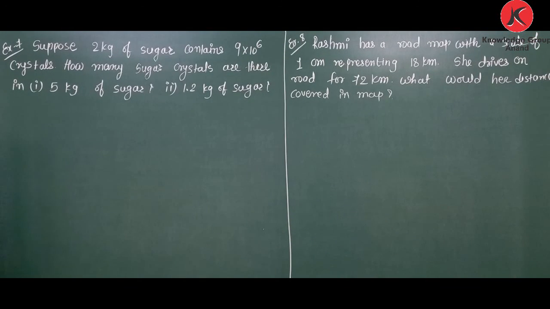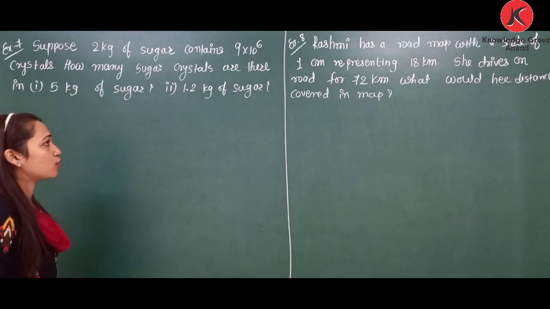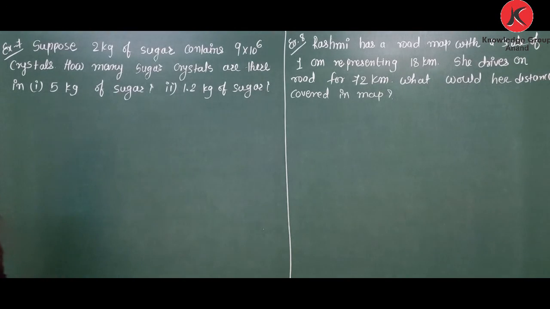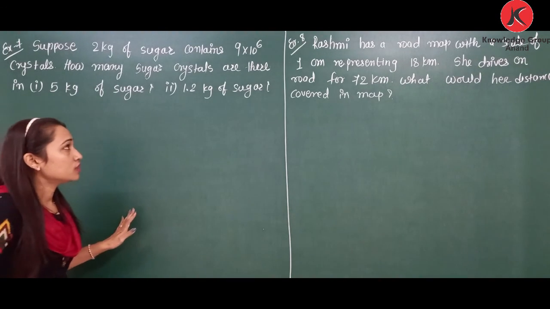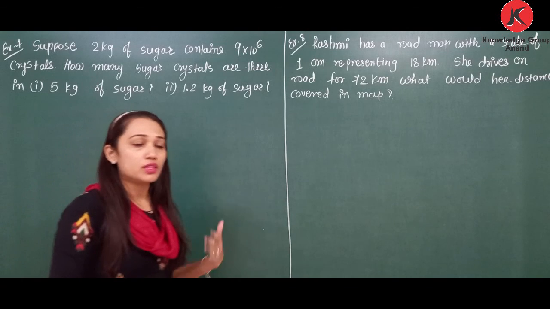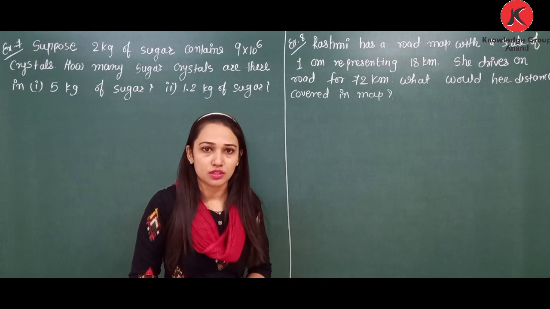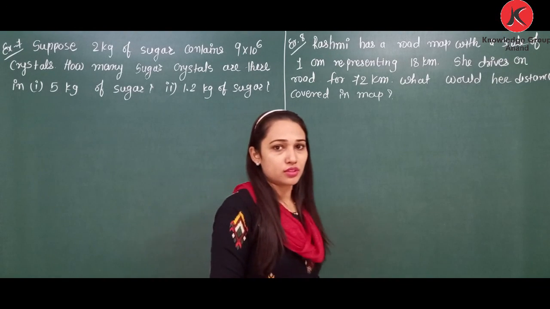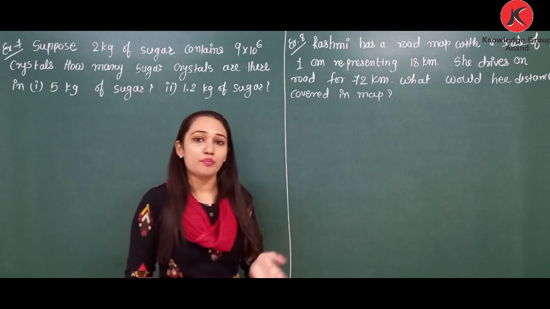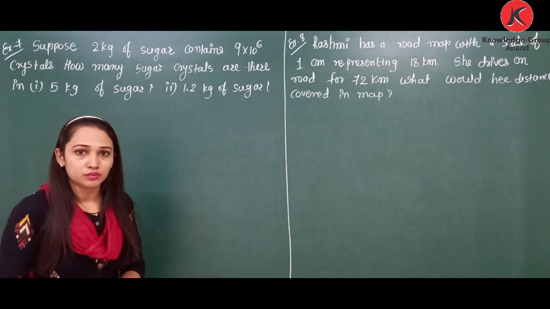Now next, example 7. Suppose 2 kg of sugar contain 9 multiplied by 10 raised to 6 crystals. How many sugar crystals are there in 5 kg of sugar and 1.2 kg of sugar? So here the question is what? If you buy 1 kg of sugar, then the number of crystals will be some number.